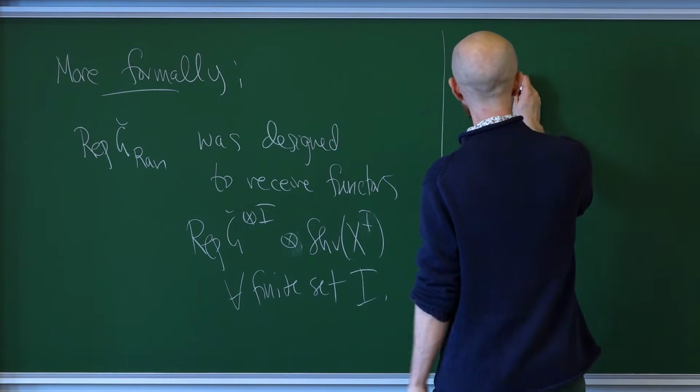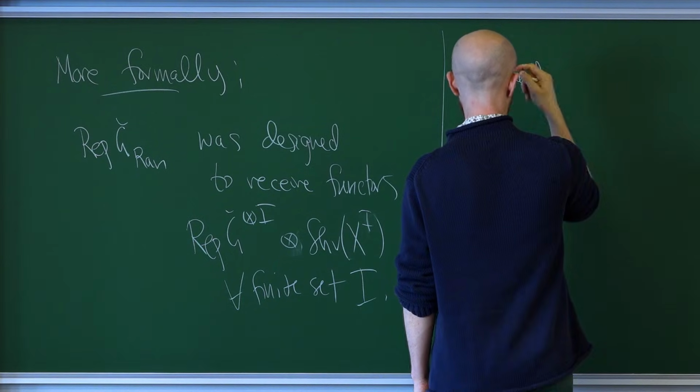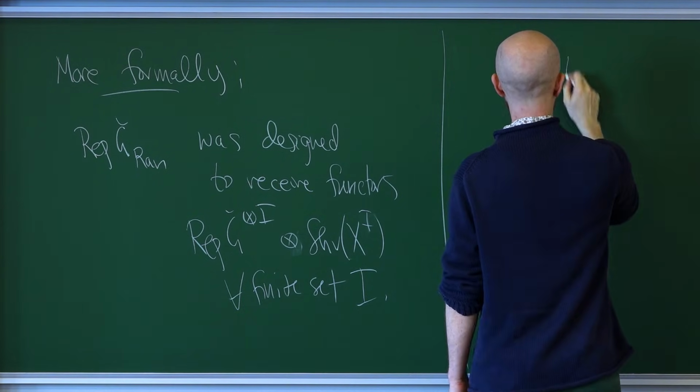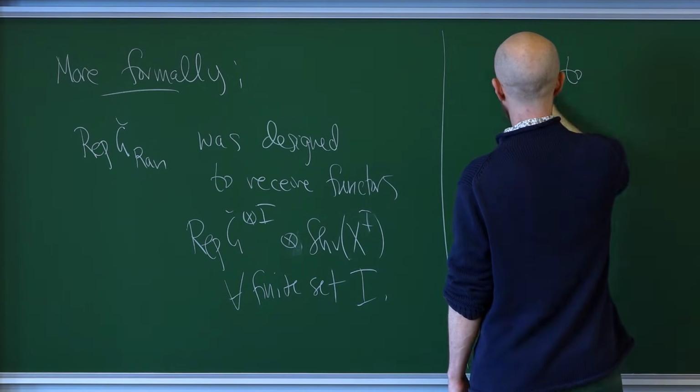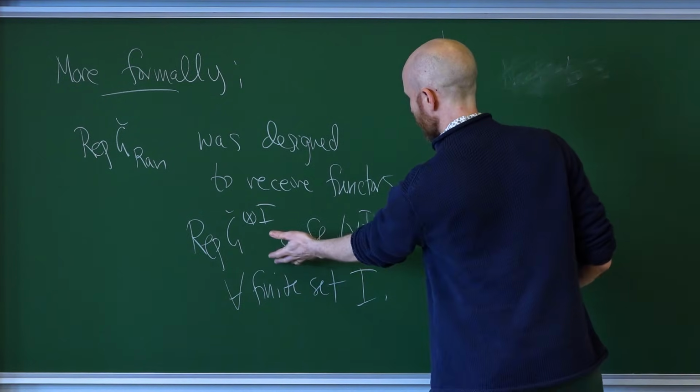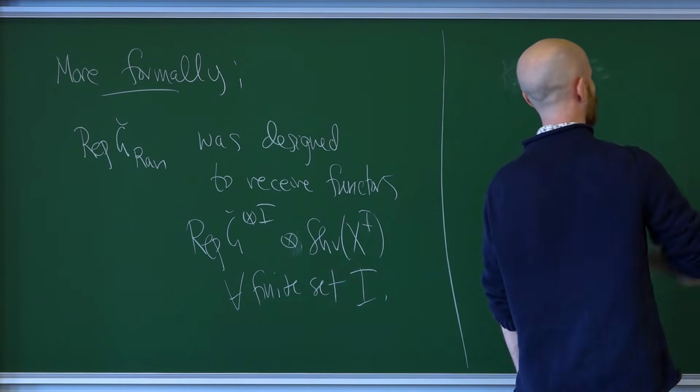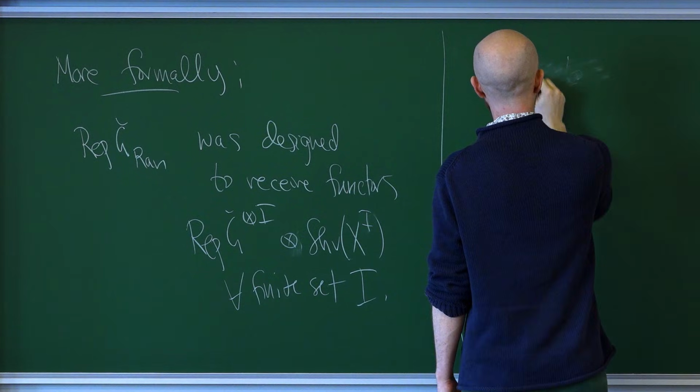OK, so what I need to do is provide functors from here to this QCoh of LocSys G check.